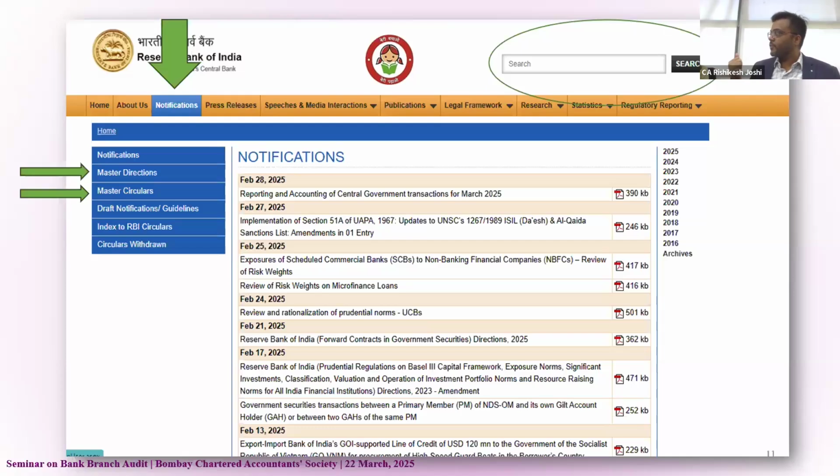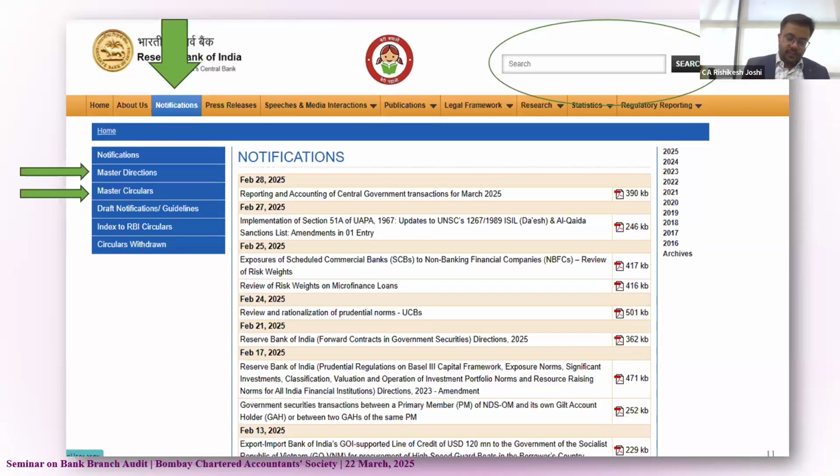If you want to search a circular for IRAC norms, where is the notification tab where you need to enter the name of the circular, what area you're looking out for. So before going to your branches, try and keep track of all the applicable relevant circulars, especially the circulars which have been released during the year. Those are some things which you need to focus on primarily.